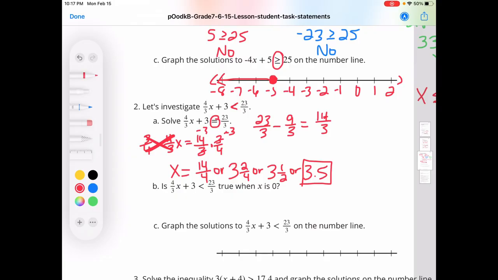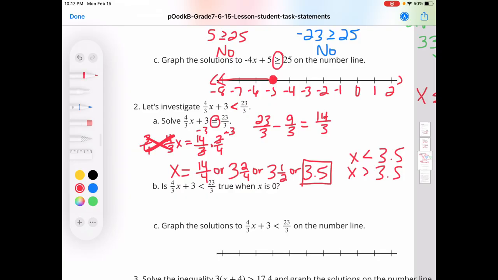So in order to determine if my x needs to be greater than 3.5 or less than 3.5, I need to test a solution that would be on each side of 3.5 on the number line.